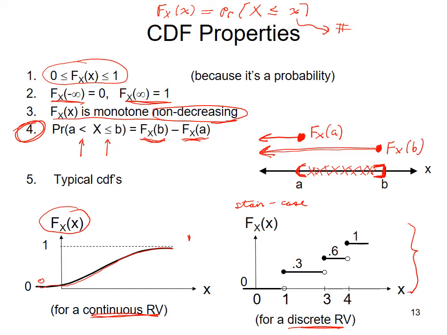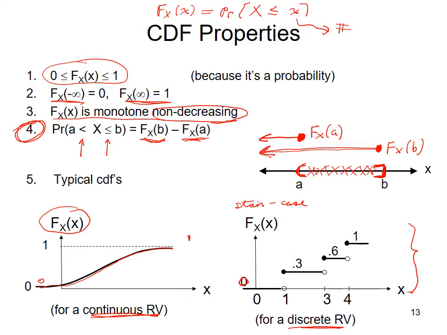So this is a cumulative distribution function for a discrete random variable that only takes values 1, 3, and 4. Again, notice it starts at the extreme left corner at 0, ends at the extreme right corner at 1, and is monotone, non-decreasing.